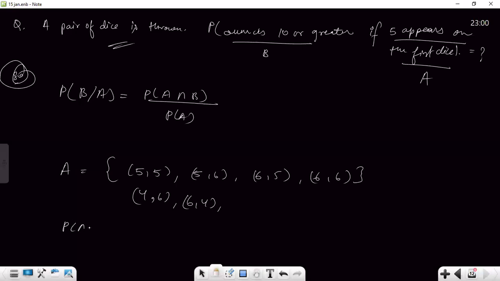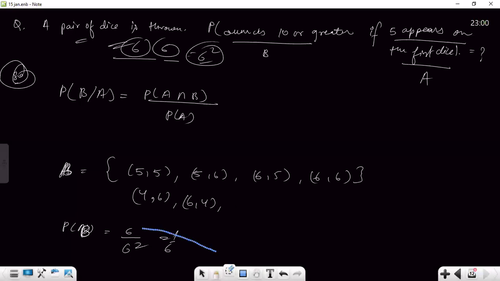So probability of B is 6 divided by, if two dice are thrown, 6 choices, 6 choices, 6 square are the total number of cases. 6 square, which is 1 by 6. Sorry, this was B event. My bad. We had not to discuss the probability of B event.